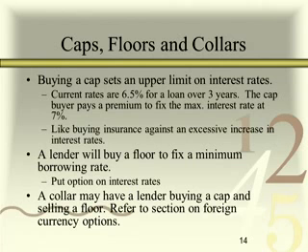Now a collar, we'll go into these a little more in just a second, is where I put both on. It's done commonly in foreign currency options, and I think you probably discussed it in your FX section of the unit. So you buy a cap and you sell a floor option, and that will form a collar, and it just makes a narrow band.